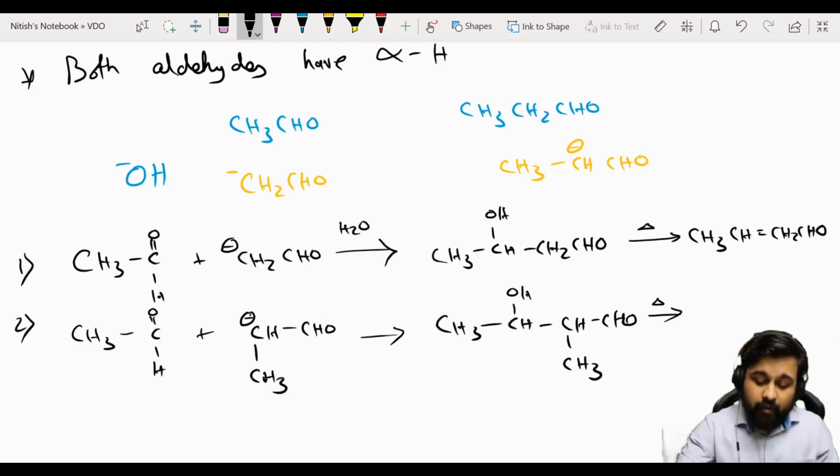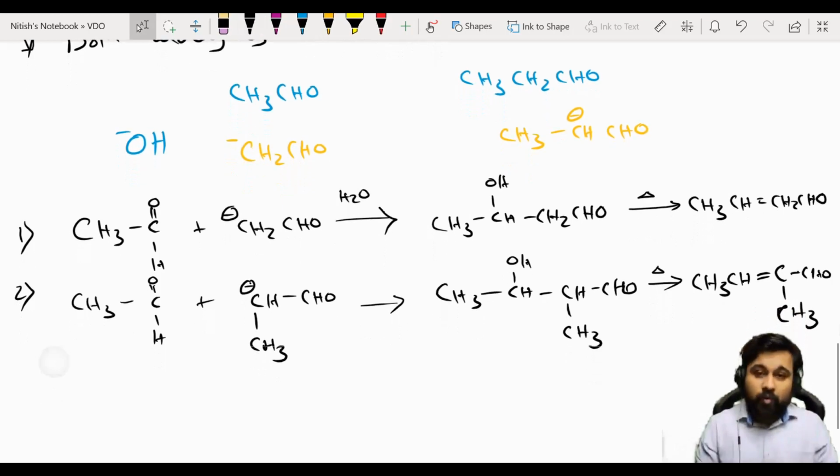If we heat this, we get CH3CH double bond C(CHO)CH3. Okay, so these are the two products formed when the two nucleophiles attack acetaldehyde.